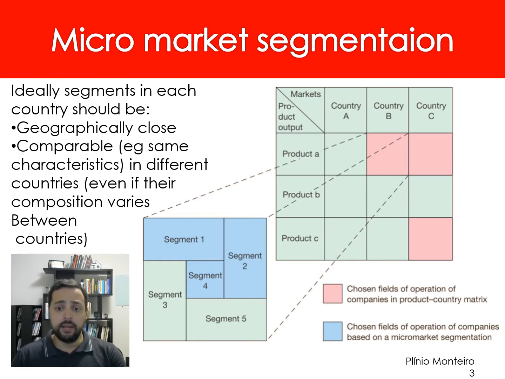And within each country, you're going to have different segments of customers, and the size of the segments will vary from country to country. For instance, we may think about age groups as a way to segment your market. And thinking about this variable, you'll be able to see that the age groups are not equal when you compare different countries. So within each country segment that you created, you have different characteristics of these segments of customers within each of these countries.